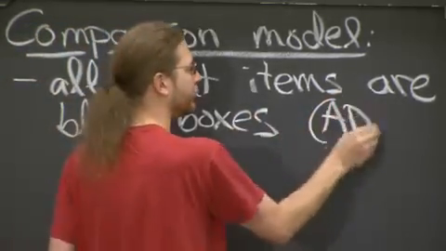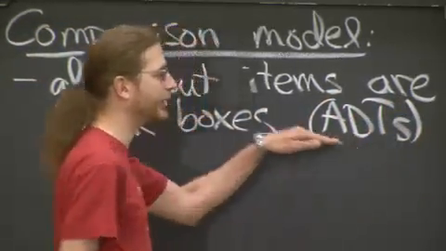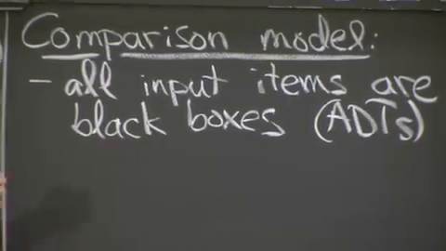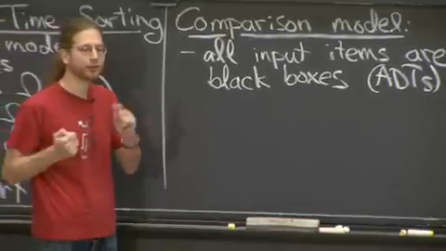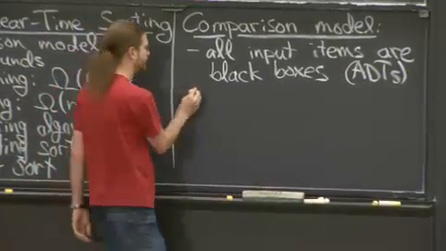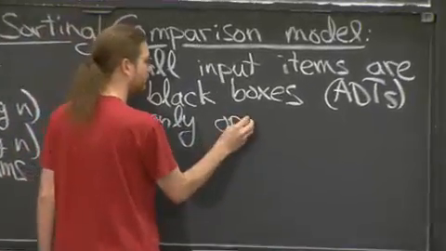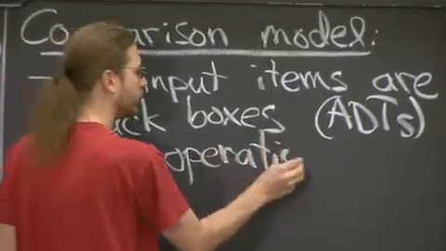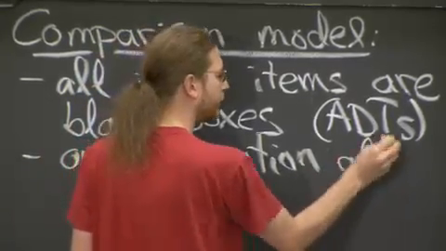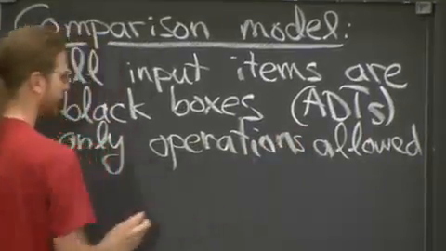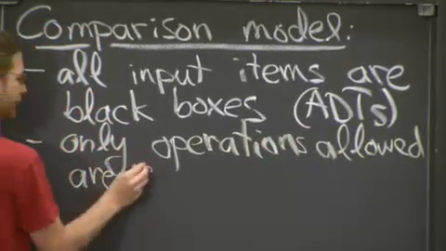And a formal notion of black boxes is something we talked about last class at the end, abstract data type. So it's a data structure, if you will. Every item that you're given is a data structure. You want to sort them. And the data structure supports a single operation, which is compare to another one. The only operations allowed, I guess I should say plural, are comparisons.